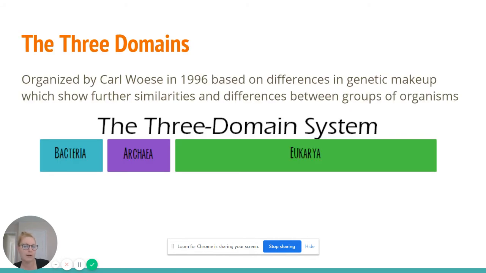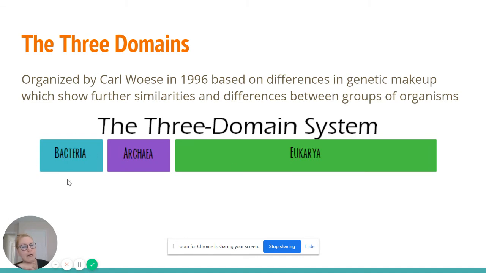So I wanted to go back to domains quickly. I had mentioned that we typically use the ideas of prokaryotes and eukaryotes. So here you'll see Eukarya, being all of the eukaryotic organisms. Anyone that has a nucleus will be considered Eukarya. That includes all the plants, all the animals, all the fungi, and all the protists.